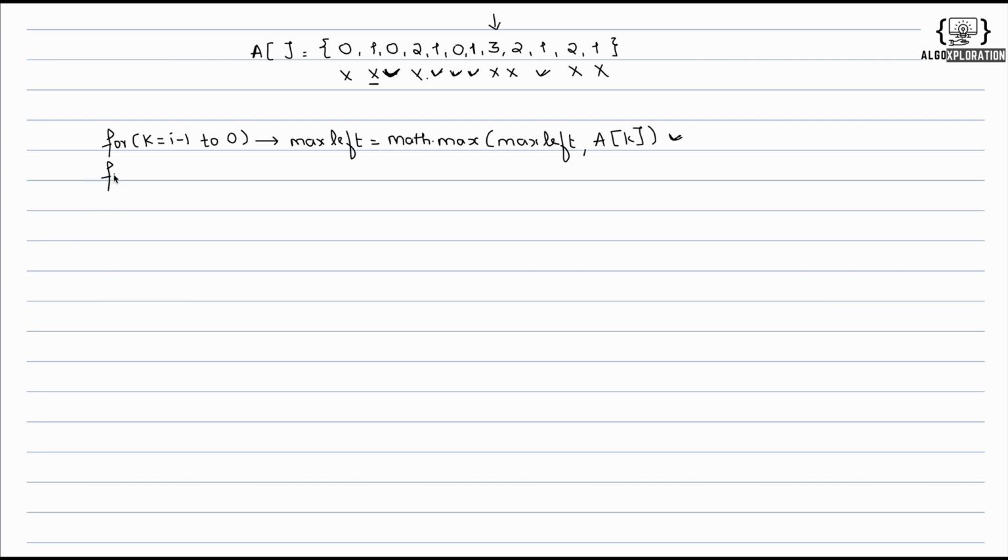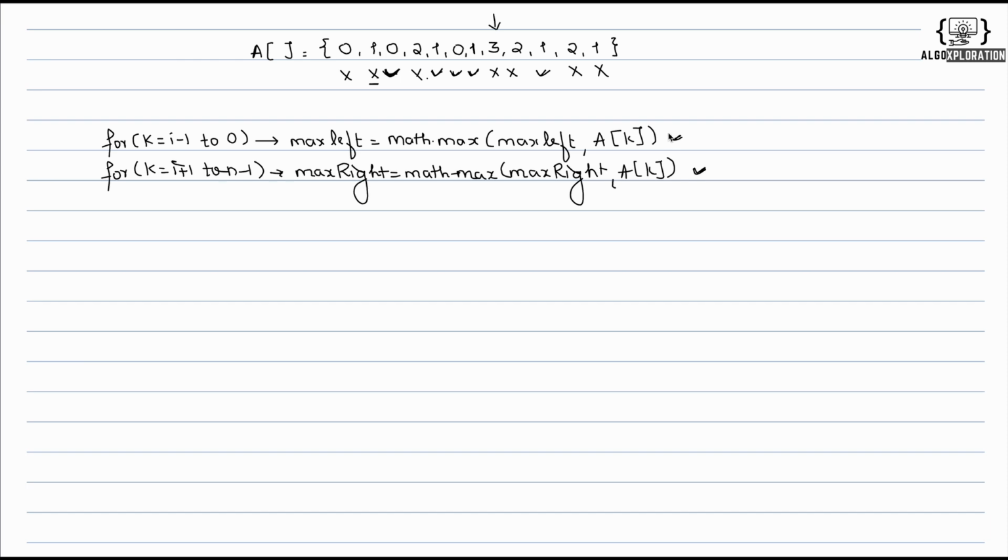Similarly, we have to find the maximum height of the building on its right. So here also we are going to take the help of the variable k, and it will start from i plus 1 and go until n minus 1, right? maxRight equals Math.max of maxRight comma a of k, right?